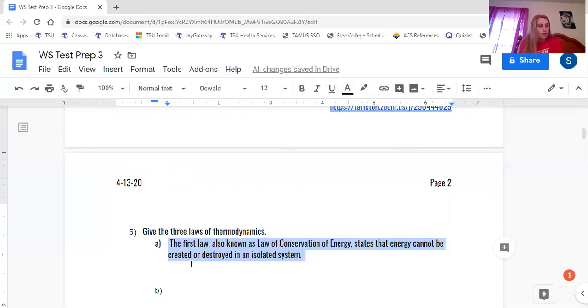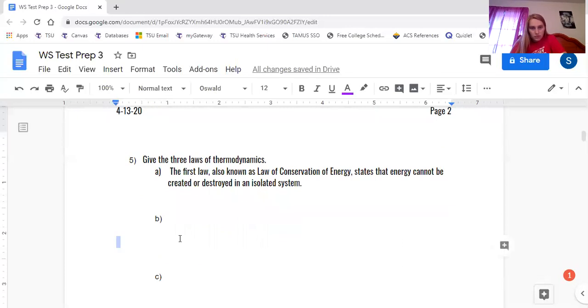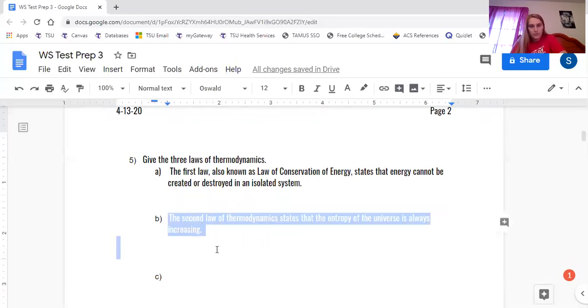First law, also known as the law of conservation of energy, states energy cannot be created or destroyed in an isolated system. That's right. Give you guys a second to write that down if you'd like.